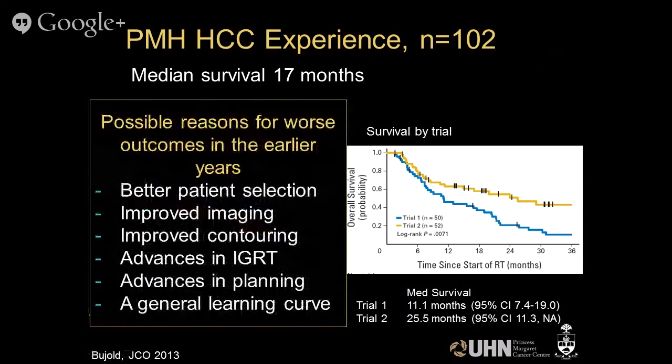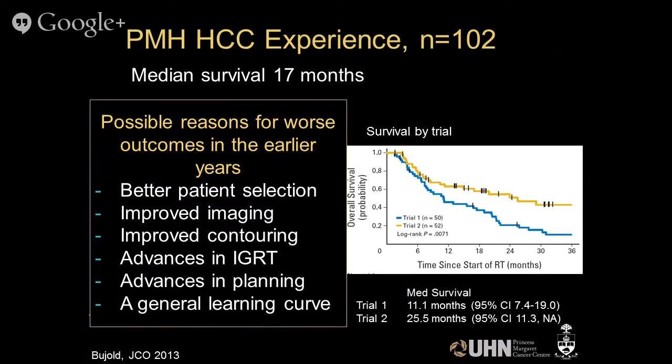Some possible reasons for worse outcomes in the earlier years. Well, hopefully we have improved our patient selection along the way, but we actually still treat pretty large, pretty aggressive, pretty end-stage tumors in our clinic today. We have definitely improved imaging at baseline for diagnosis, and perhaps that has led to improved contouring and less miss from our contouring. There are advances in image guidance, as I've talked about.